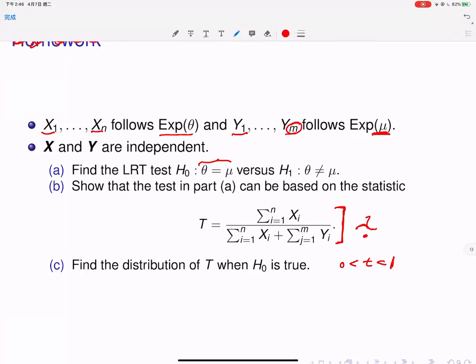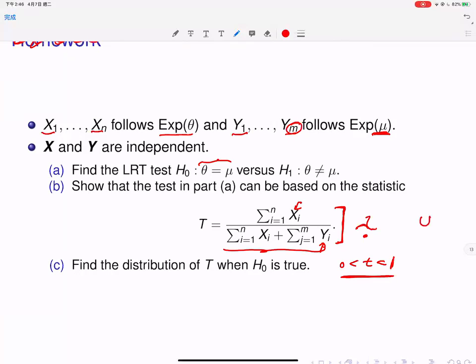Because the xi are all positive, your statistic is positive divided by positive, and the summation of xi is going to be smaller than the two sums together. Not surprising to see that t is actually from 0 to 1. No matter how many distributions you have, you'll be able to see the domain is from 0 to 1.